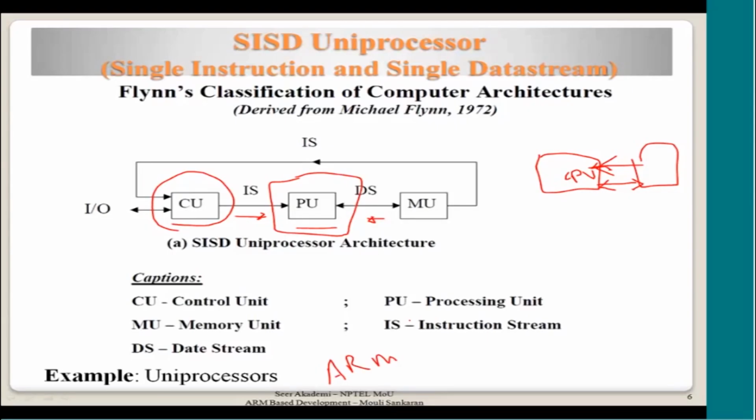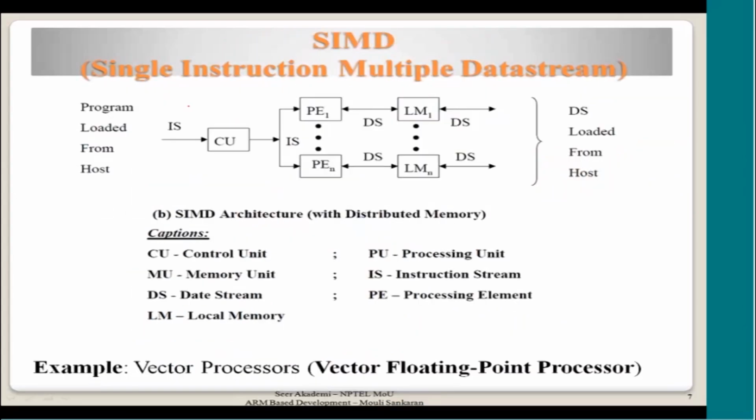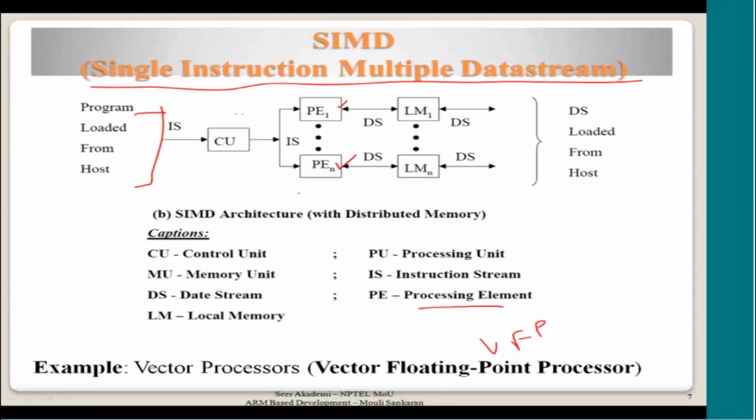Now what is SIMD? This is what we started off with, because the vector floating point processor falls under this category. What is the difference? Here the instruction stream coming from the memory is fed to multiple processing units, or processing elements.